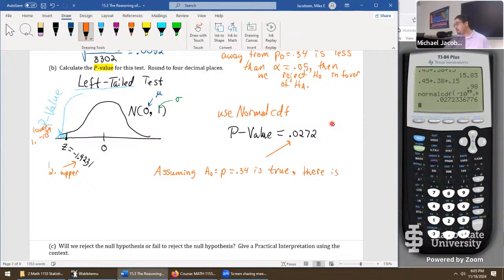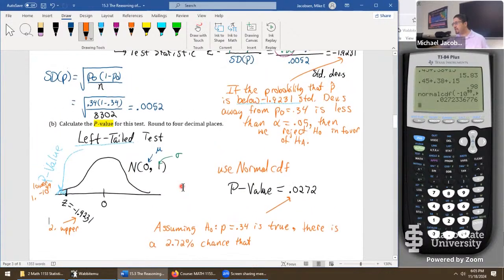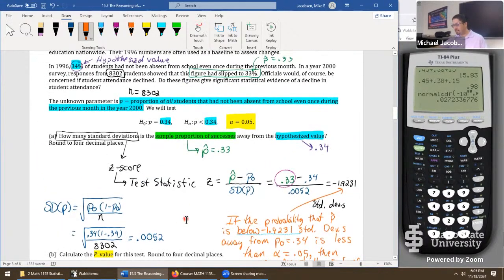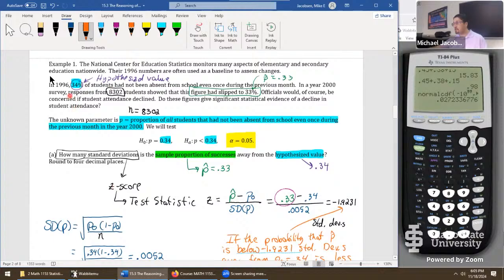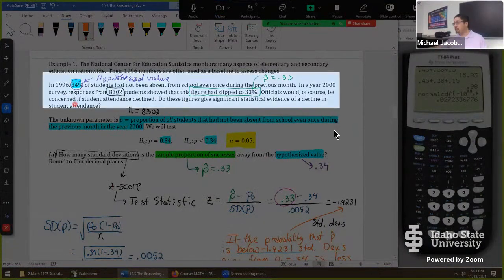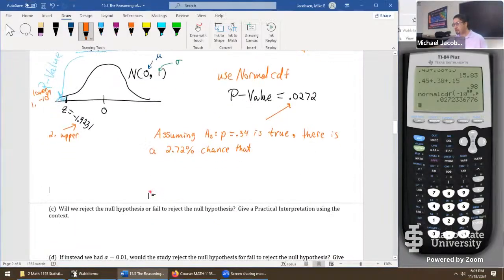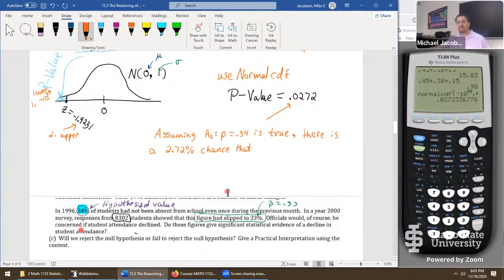There is a 2.72% chance that, so what I've done here is just taken the p-value and converted it into a percentage. It's a typical thing we would have done with a probability. So there's a 2.72% chance. Let's come up here, grab this information. This is a temporary screenshot.